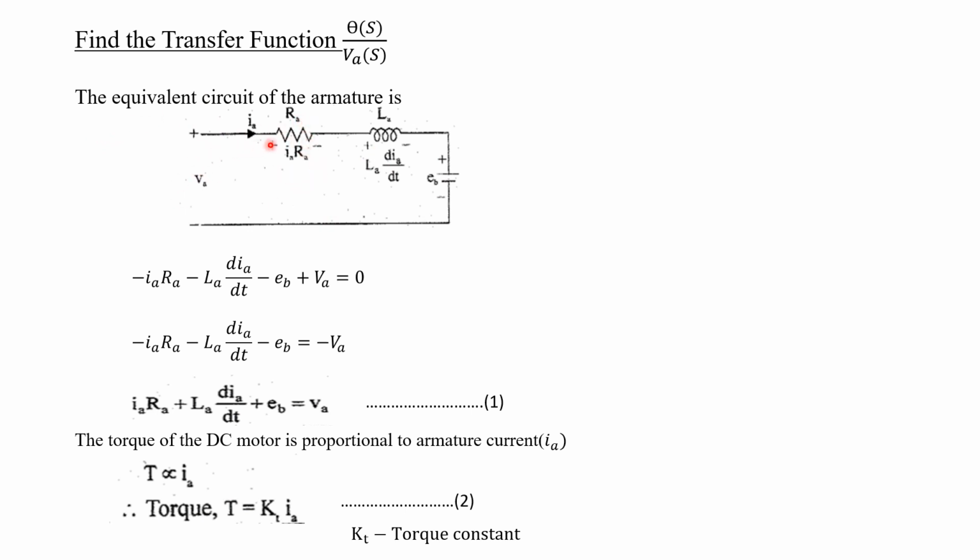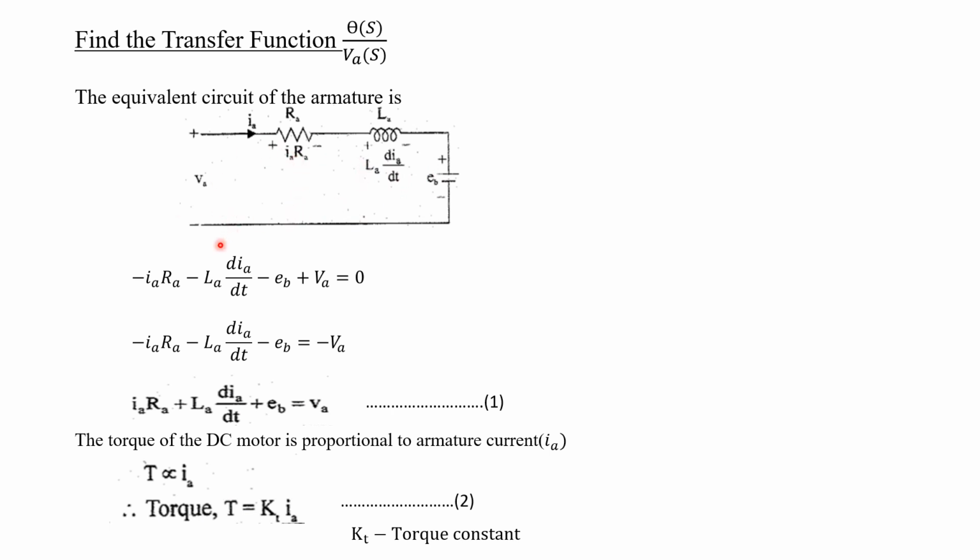In the armature section, you will have VA, IA, LA as well as RA. These two are represented inside the motor. Also there will be generation of the back EMF in this armature controlled DC motor. So the equivalent circuit will be like this using the electrical components. Understood? Now in this loop, we are going to apply KVL.